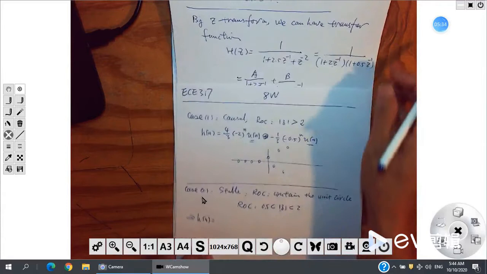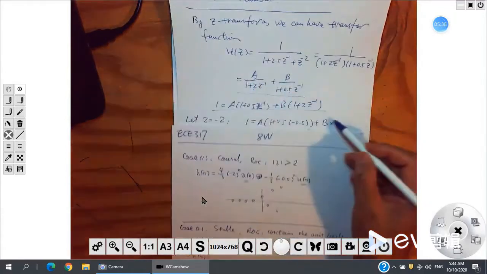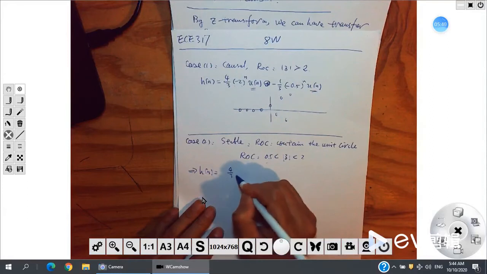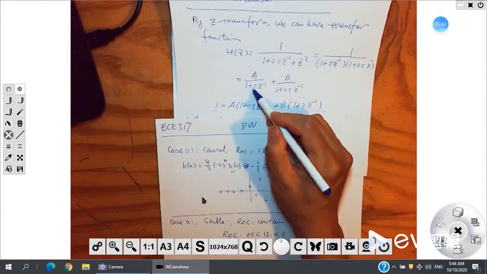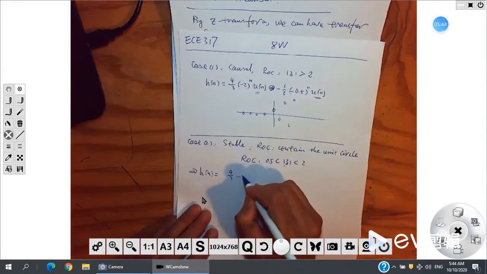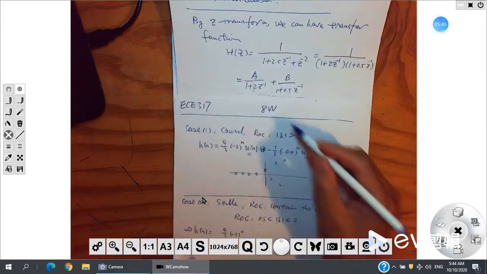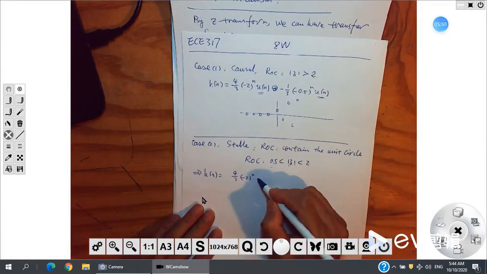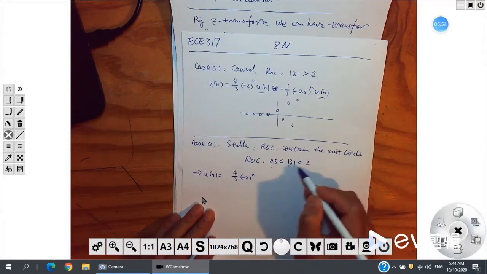The A, I still use A is 4/3. Then times this one, I need a negative 2 to the n. Here you can put the u of n or u of negative n minus 1, depending on RC. You compare, here's a 2, right?